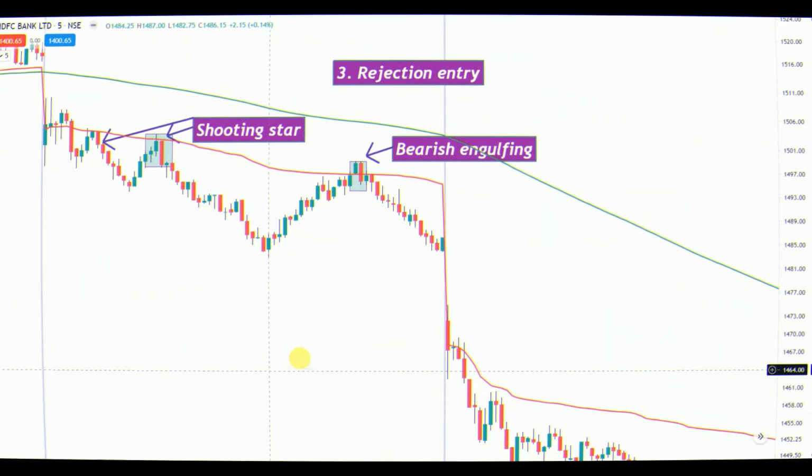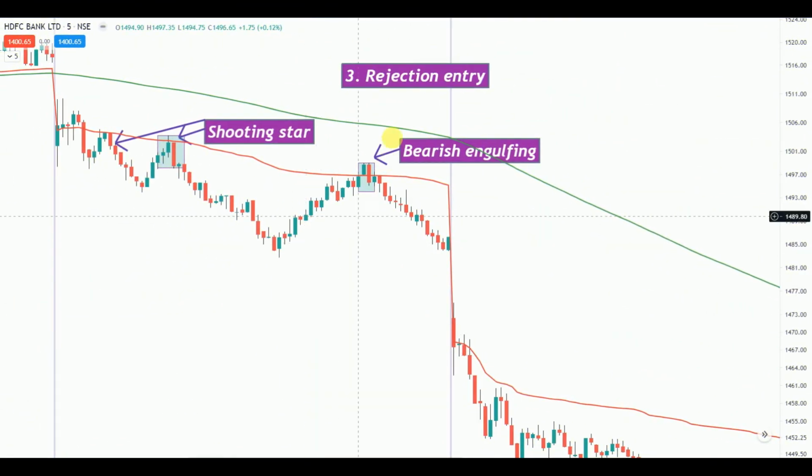Our third type of entry is the rejection entry, and it does take into account all the traditional reversal candlestick patterns. So whenever price is trading far beyond 200 EMA and price is taking the rejection at the VWAP and forming a traditional reversal pattern, like in this case shooting star or bearish engulfing or the inverted hammer, then that will act as our entry point.